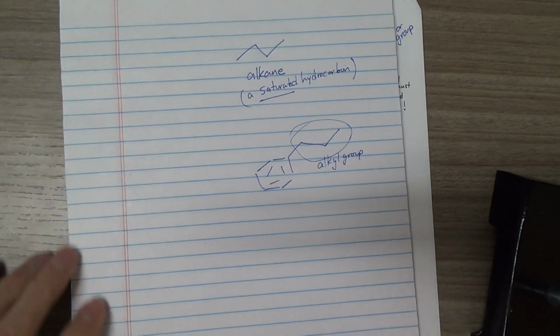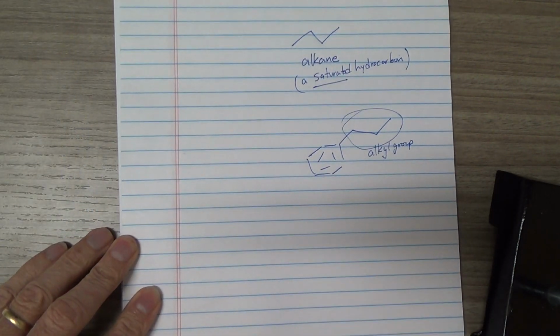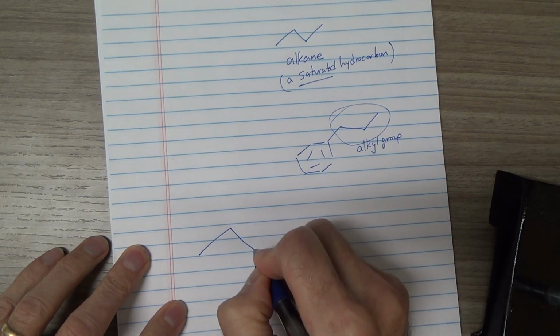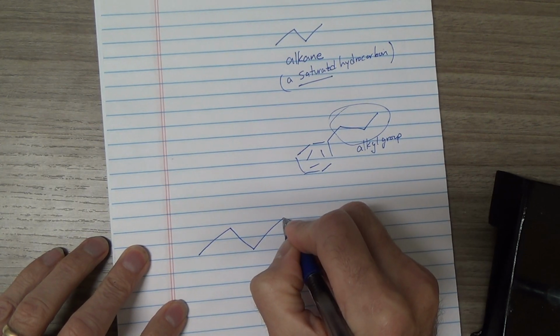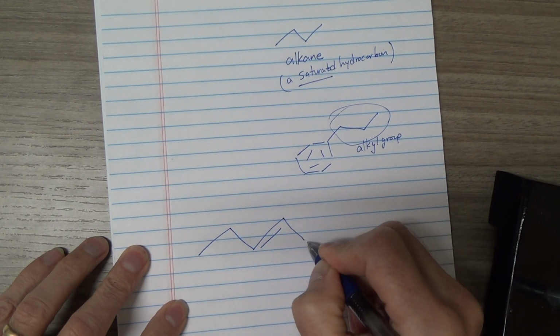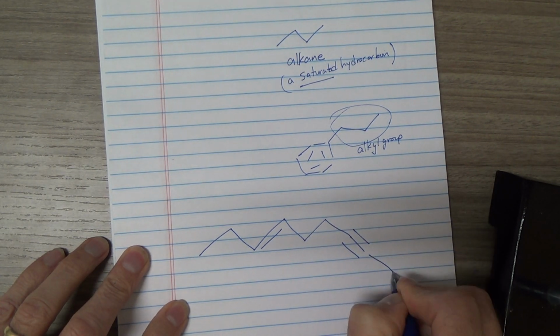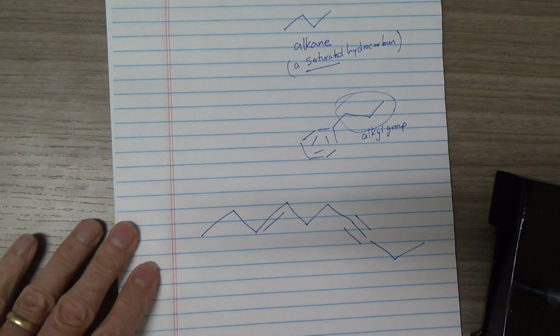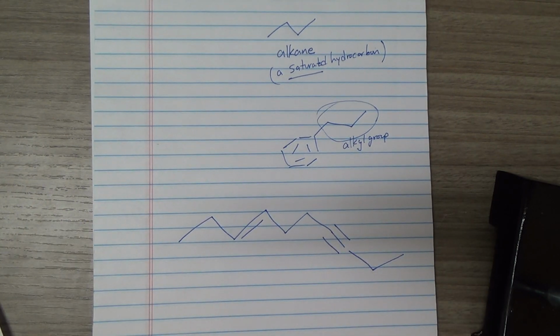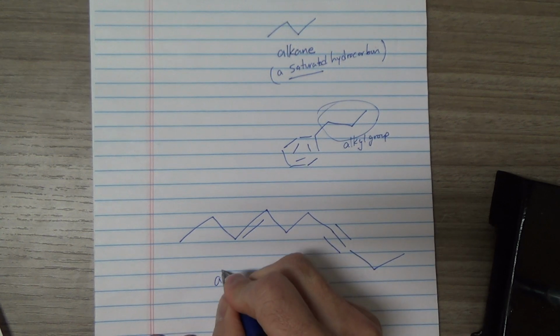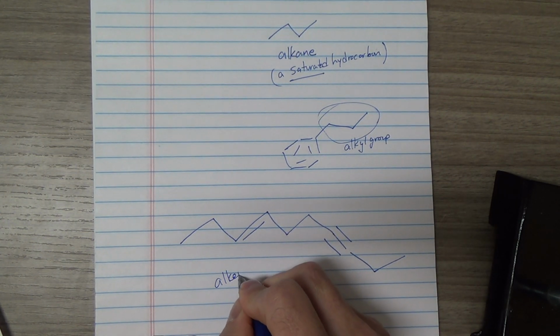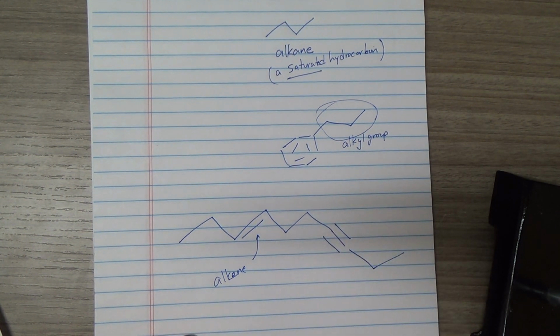So if we come over here and I give you just a hypothetical compound, how about this? All hydrocarbon. All there is, is hydrogen and carbon. What do we have here? I see an alkene, right?